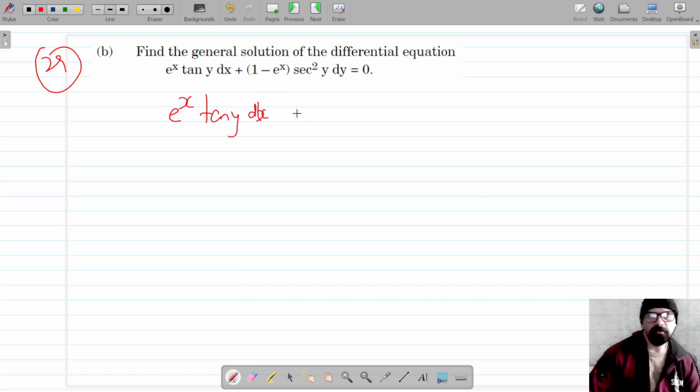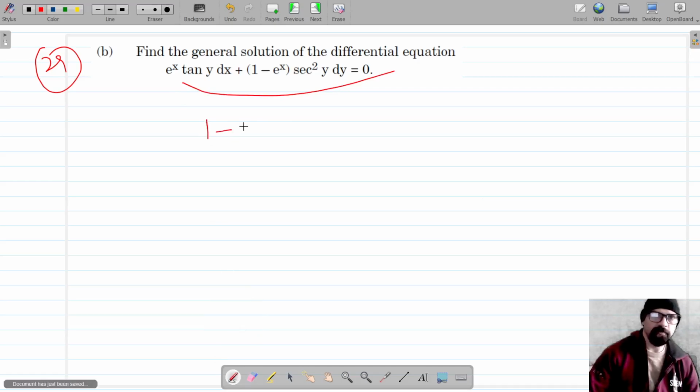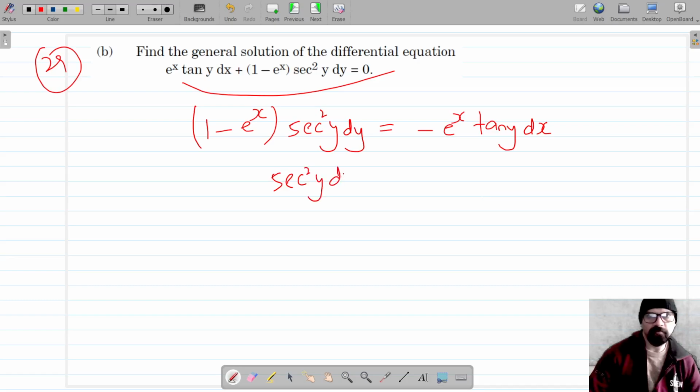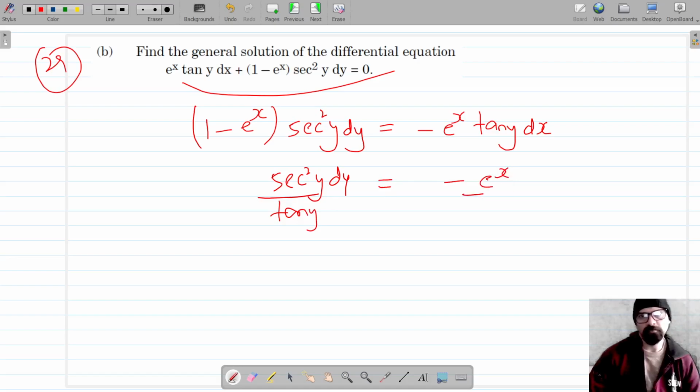So e raised power x into tan y into dx plus, let me shift this to the other side, I'm left with 1 minus e raised power x into secant square y into dy is equal to negative e raised power x into tan y into dx. Okay, this further can be written as secant square y into dy upon tan y is equal to negative e raised power x upon 1 minus e raised power x into dx.